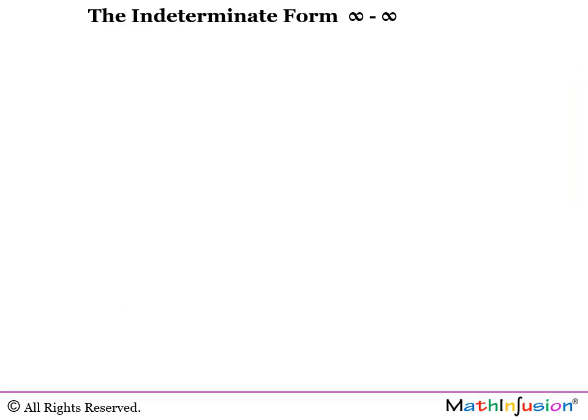We now would like to see other indeterminate forms, and we will start with the indeterminate form of infinity minus infinity. This limit is of the form infinity minus infinity. There is a competition between the two infinities, because we have something huge minus another thing which is pretty huge.